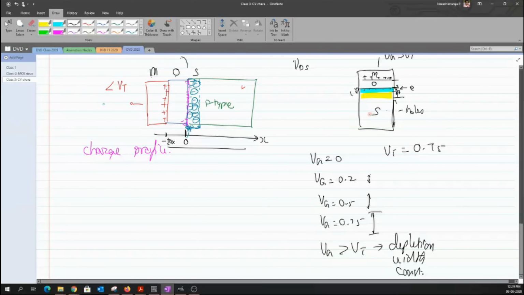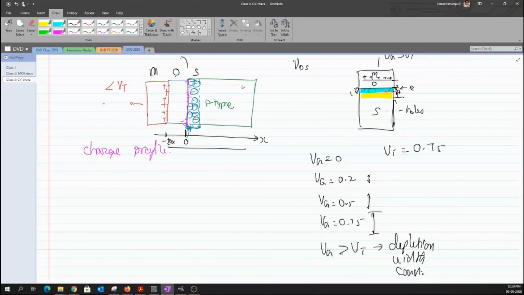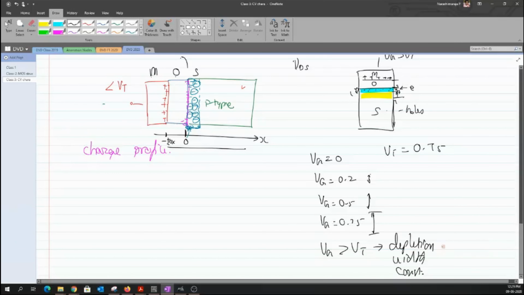It pulls all the electrons across this depletion layer and accumulates more electrons at this junction. So once you cross the value of Vt, only the channel, or basically the minority carrier width, increases, but the depletion width will be held constant.